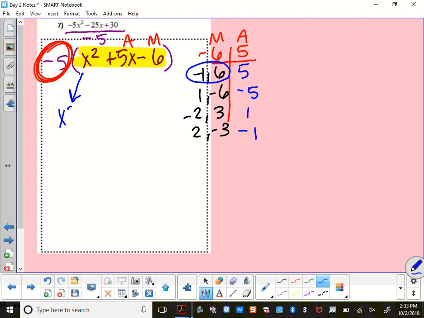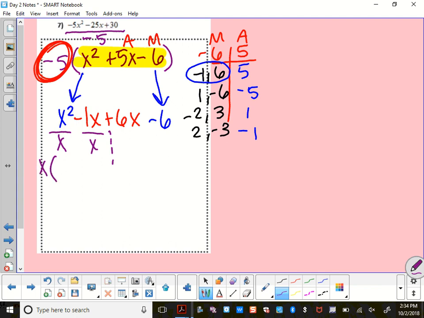I bring down my first. I bring down my last. On the inside, we're writing negative 1x and positive 6x. Alright, I have 4 terms, so I split them. On the left side, my GCF is just x.